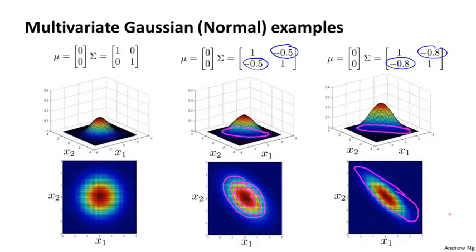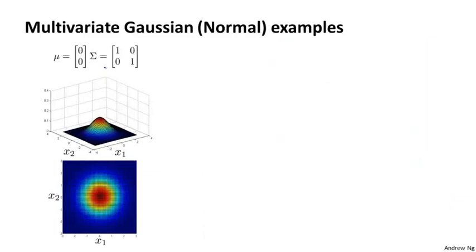Hopefully this gives you a sense of the different distributions that a multivariate Gaussian distribution can capture. So far we've been varying the covariance matrix sigma. The other thing you can do is also vary the mean parameter mu. Originally we had mu equals 0, 0, and so the distribution was centered around x1 equals 0, x2 equals 0, so the peak of the distribution is here.